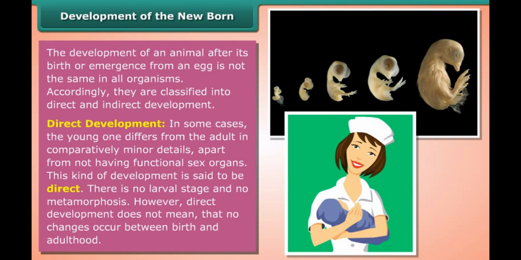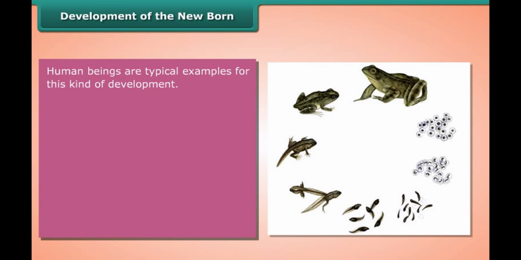In some cases, the young one differs from the adult in comparatively minor details, apart from not having functional sex organs. This kind of development is said to be direct. There is no larval stage and no metamorphosis. However, direct development does not mean that no changes occur between birth and adulthood. Human beings are typical examples for this kind of development.